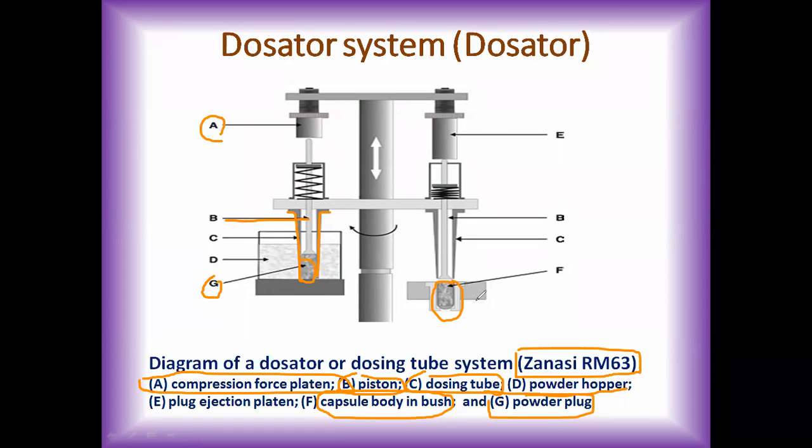And this plug will be coming later into this portion, that is the capsule body present in the bush. Here the position of the piston is upward, and later when it moves from here to here and rotates fully, in the next step this plug will come into the capsule body. I hope you have understood this.